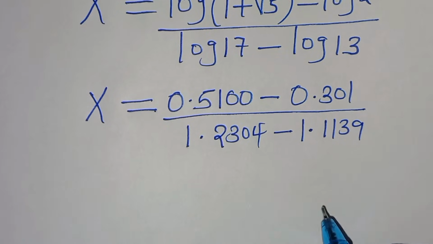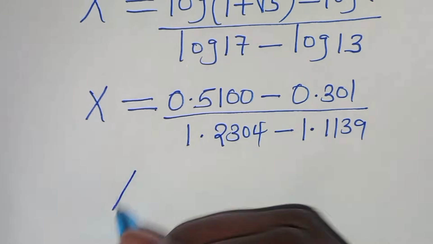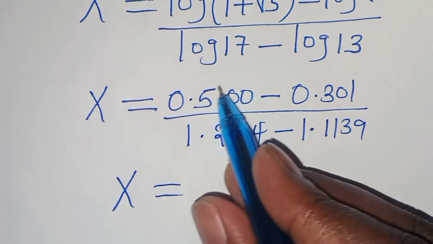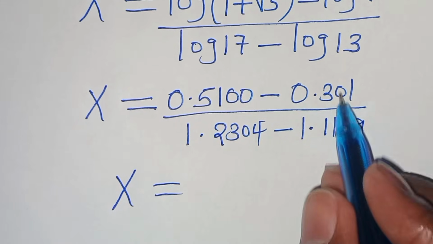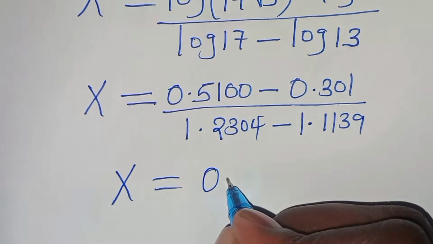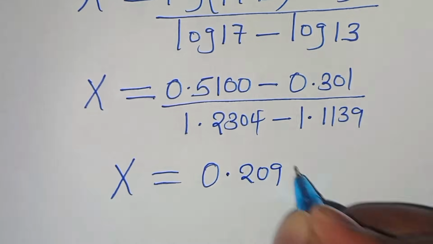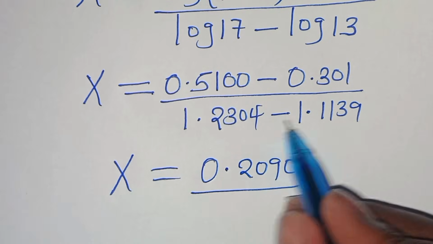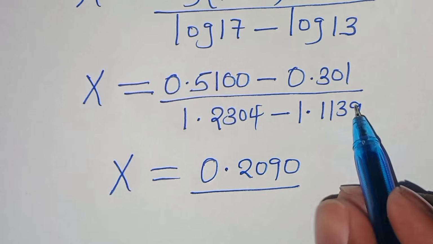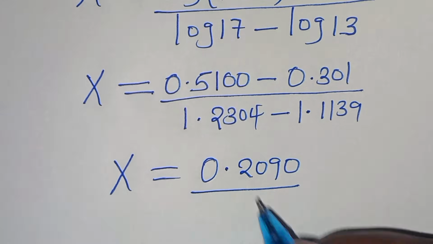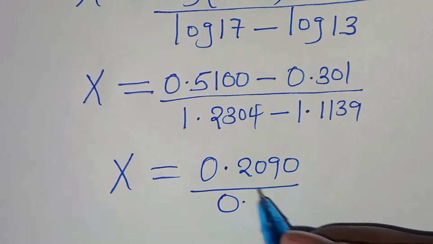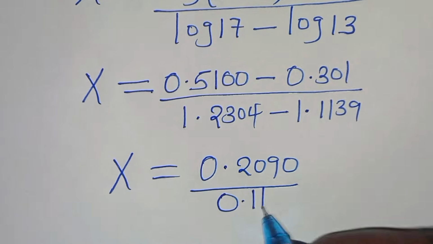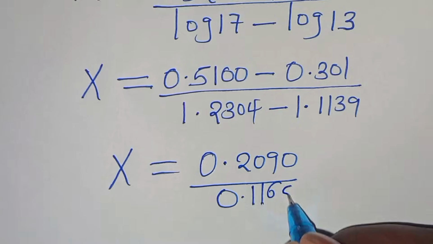And this means that x is equal to 0.51 minus 0.301. This is 0.2090 divided by 1.2304 minus 1.1139. This is the same thing as 0.1165.